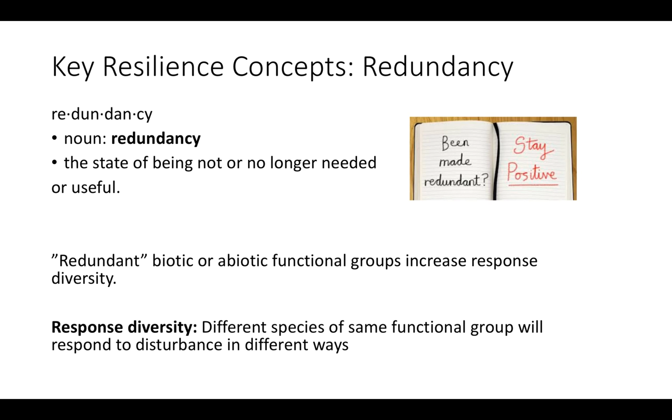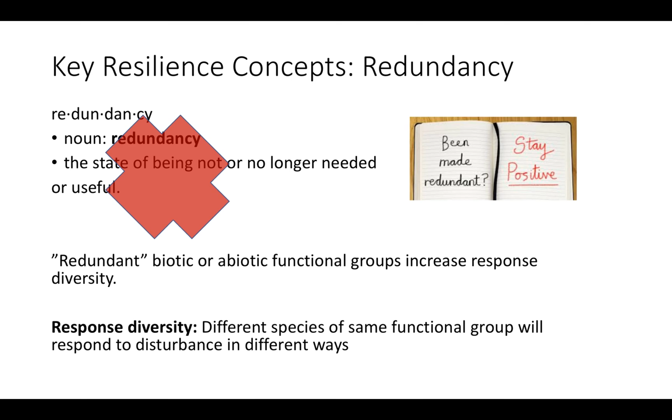I've mentioned this a few times, but one interesting resilience concept is redundancy. We don't mean by redundancy the state of no longer being needed, which in management often means getting fired. Rather, redundancy here means that redundant biotic or abiotic functional groups can increase the response diversity of a system.